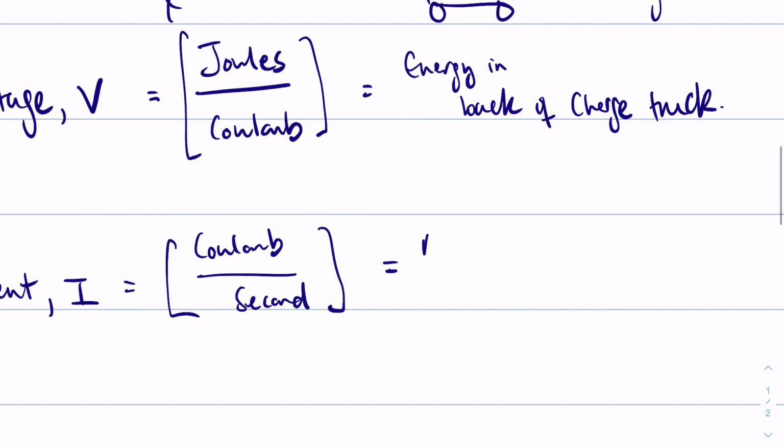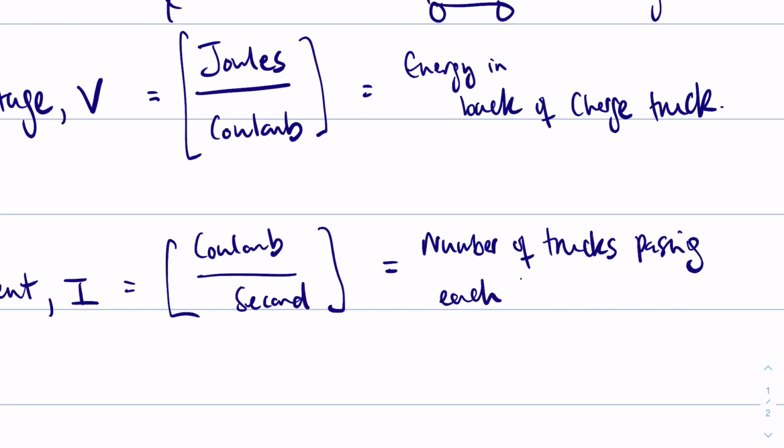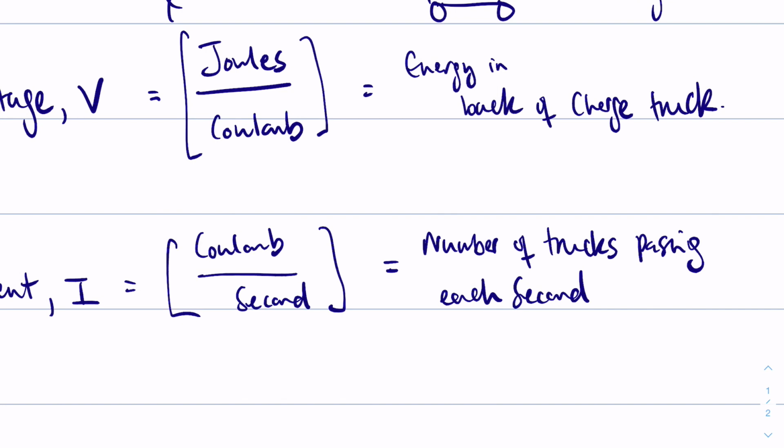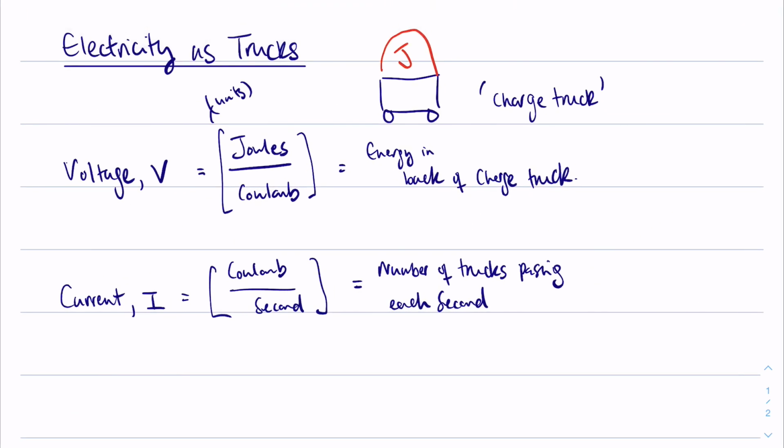So I'll put number of trucks passing each second is my current.